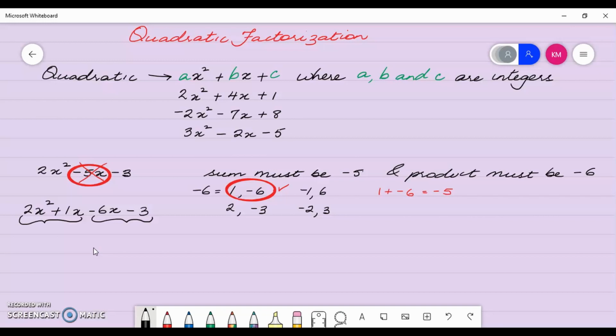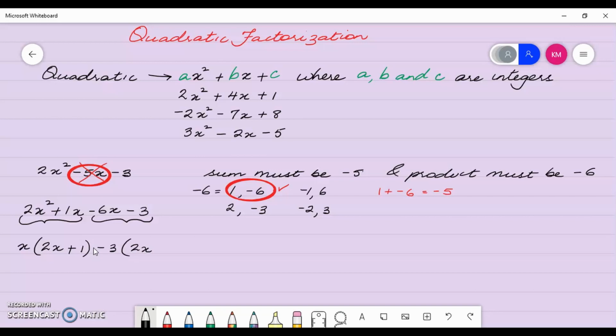In this first pair, I have x being common. X multiplied by 2x gives me 2x squared, and x multiplied by 1 gives me 1x. In this second pair here, I take out negative 3 and I multiply it by 2x to give me negative 6x.